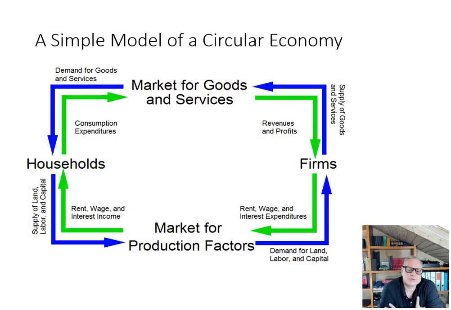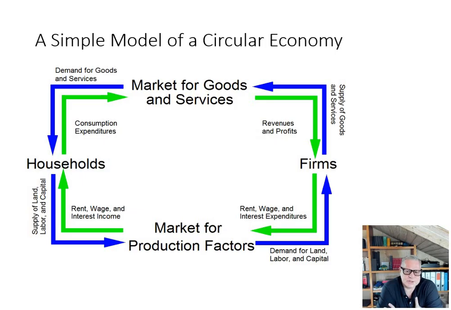So households, they supply on the market for production factors whatever land and labor and capital that they have, and it is being demanded by the firms, who then use land, labor, and capital to convert them into goods and services. Then they supply the goods and services on the market for goods and services, where they are being demanded again by the households.